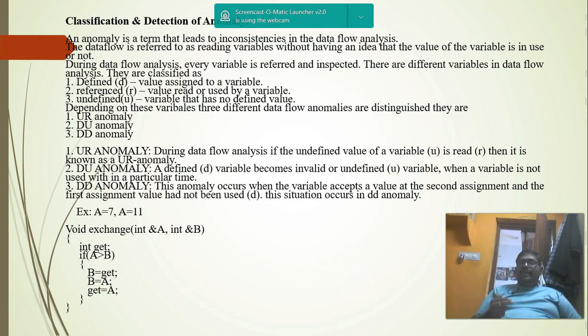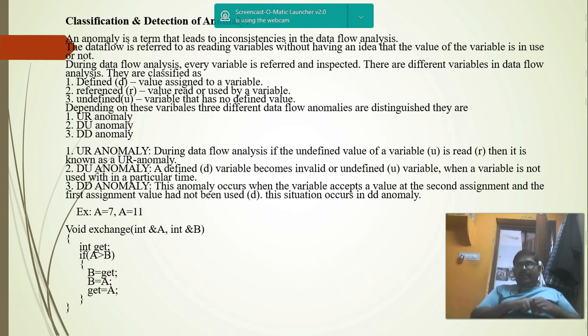After a few statements I assign a equals 50. I am reassigning the value to a, but the first assignment, the value 10 for a, is not used. Without using the first assignment value, I am reassigning the value to the variable, that is DD.